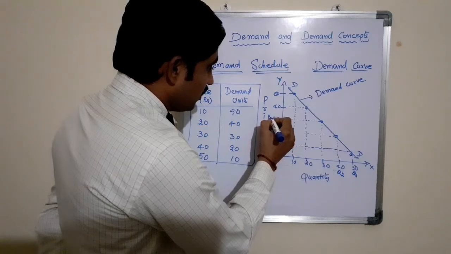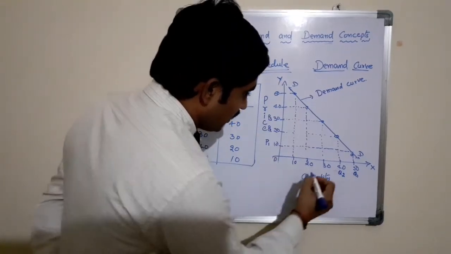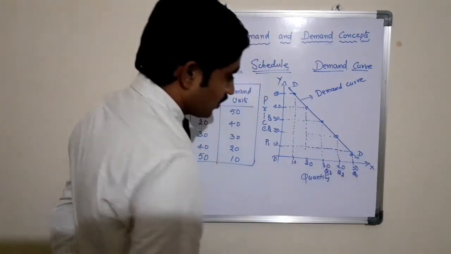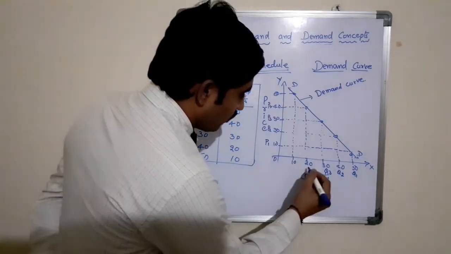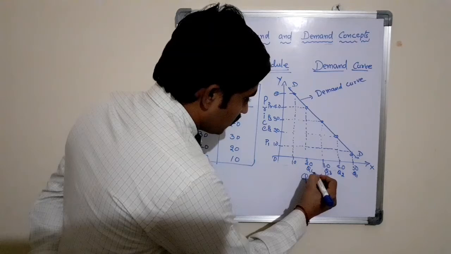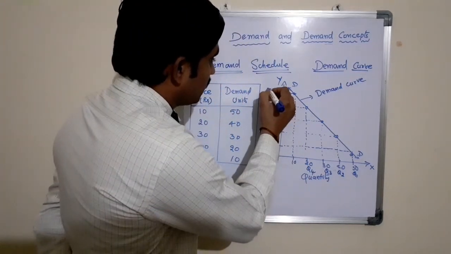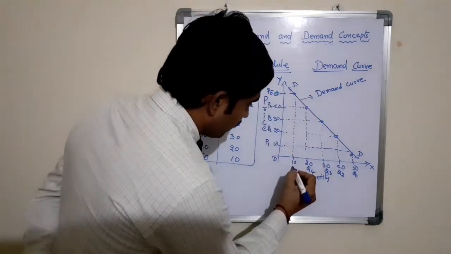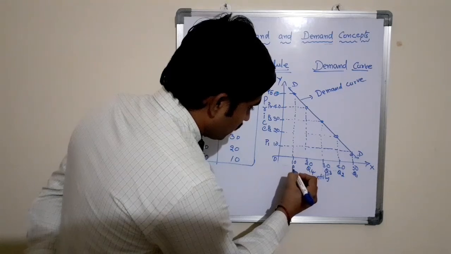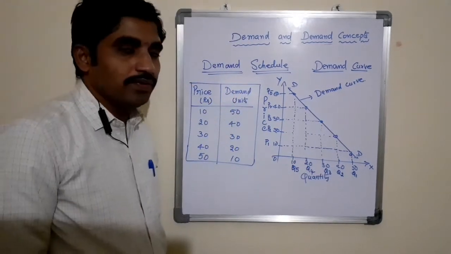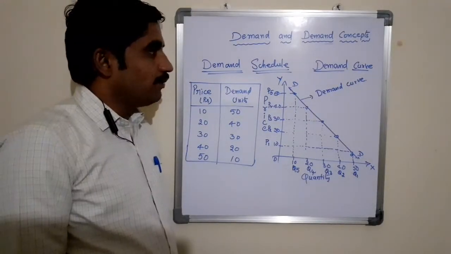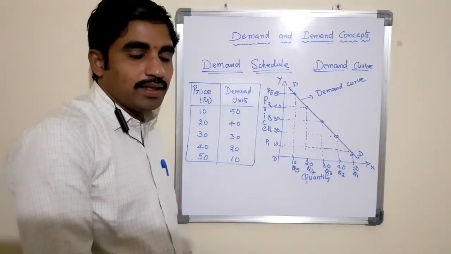Here price is increased to OP3, the quantity demanded is decreased to OQ3. It is increased to OP4, it is decreased to OQ4, and it is increased to OP5, it is decreased to OQ5. In this way, we explain the demand schedule and the demand curve.